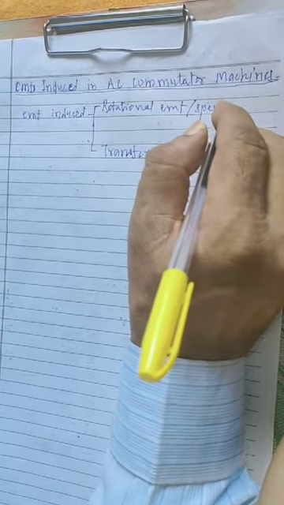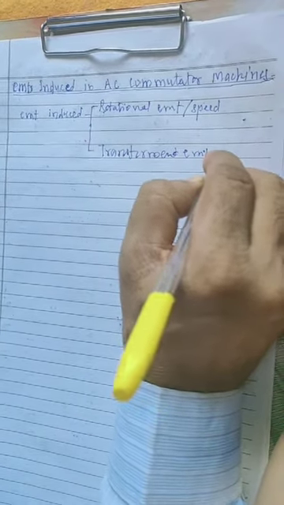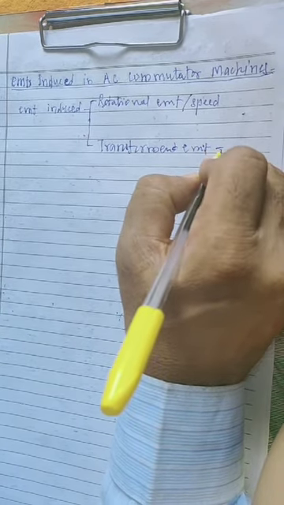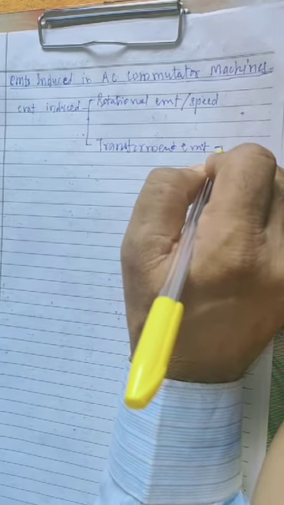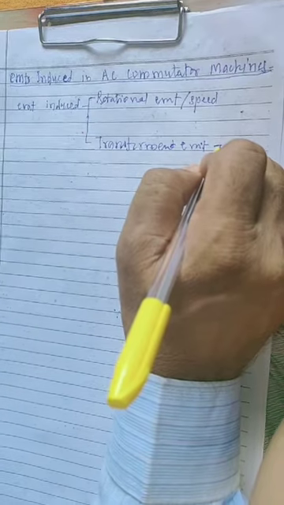So in an AC commutator machine, transformer action takes place between the armature winding and the field winding.